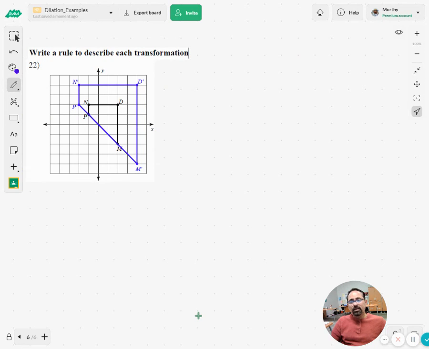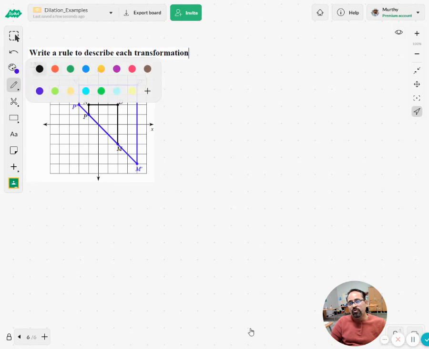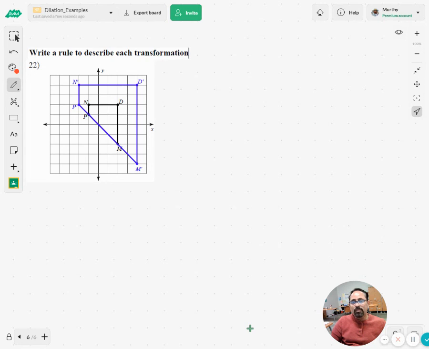Next question is the same, but this time you are given a diagram and you are asked to find the scale factor. Unlike the previous question, we don't know these values. So what we have to do is take any one value. Let it be point D, N, P, or M prime.